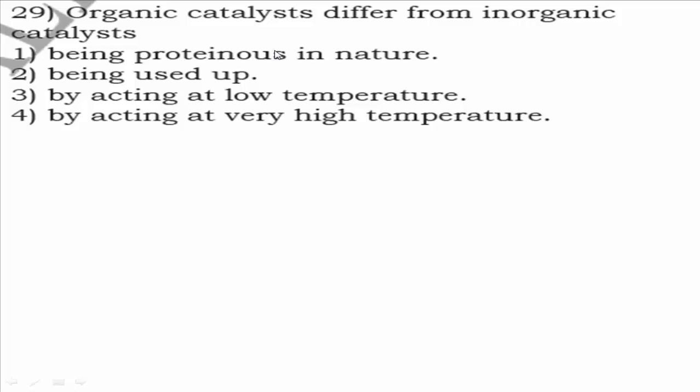Organic catalysts are usually found working in biosystems and not usually outside. Organic catalysts usually include enzymes like kinases, invertases, polymerases and hydrolases. Examples for inorganic catalysts are metals like palladium, cobalt, copper, and some compounds like manganese dioxide, etc.